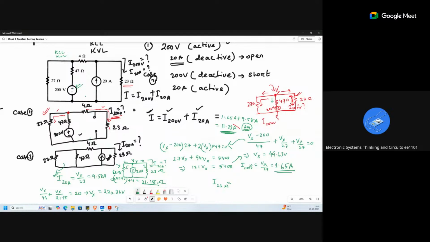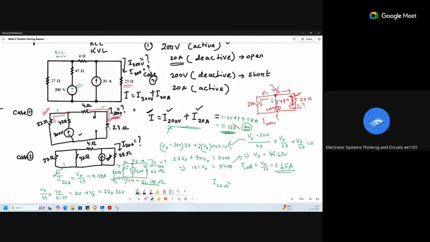That is nothing but the superposition principle. You are just adding the effect of this voltage source whenever it is present, and the effect of the 20 ampere present when the other is absent. Then the total effect is nothing but known as the superposition principle, and which gives you 11.23 ampere.